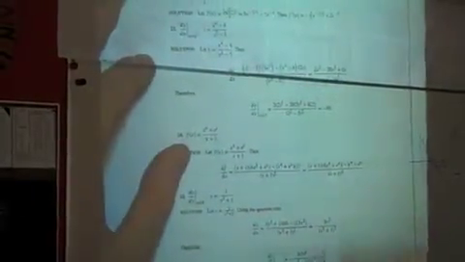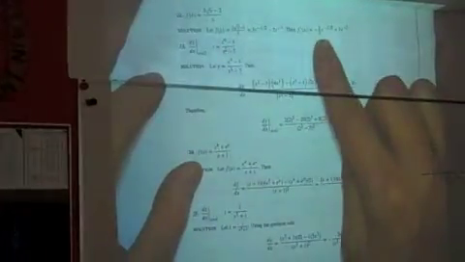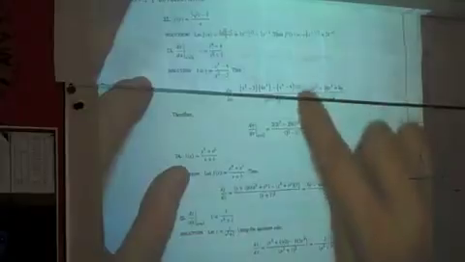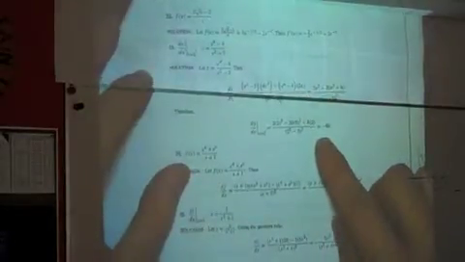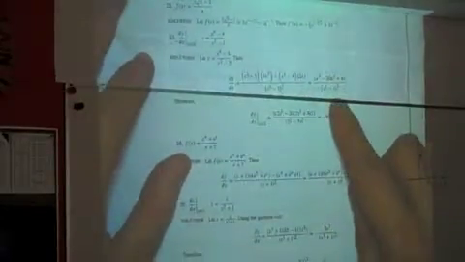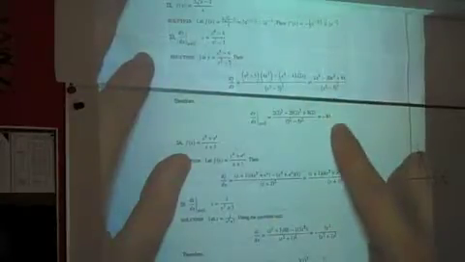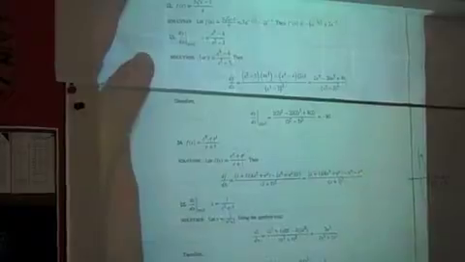22. There's your derivative right here. 23 is negative 80. Here's your derivative. There it is all simplified. There it is right here all multiplied out. But at 2, there's your derivative. 24, skip. 25.